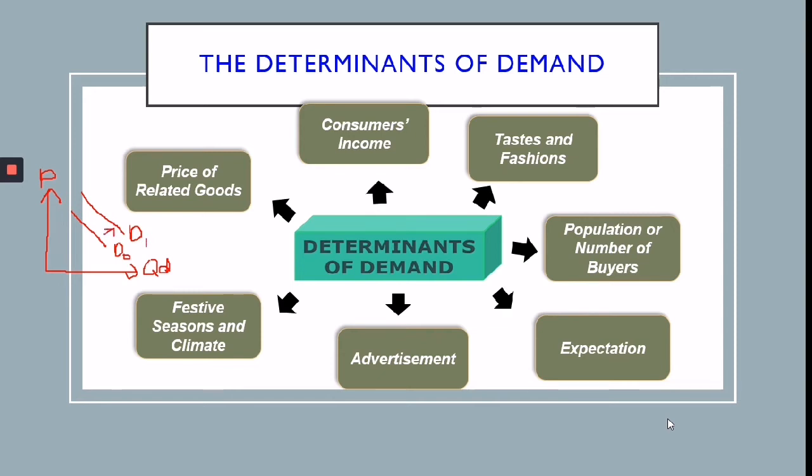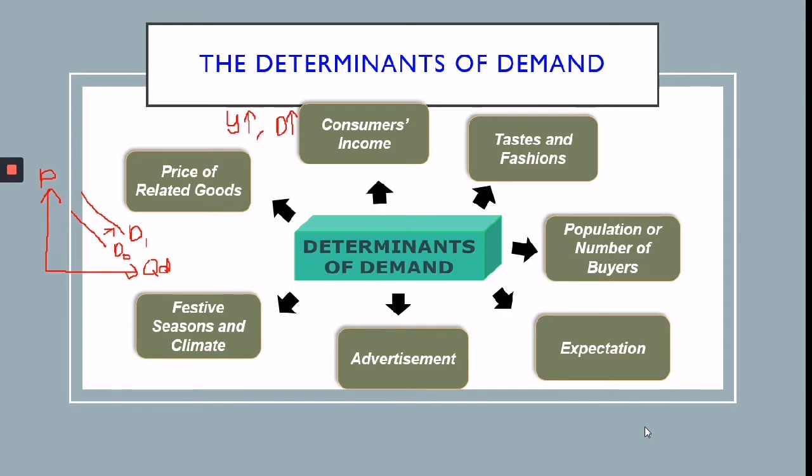It shifted rightward. The second determinant of demand is consumer income. Consumer's income is the most influencing factor to demand. Income can be represented by Y. For example, if your income increases, Y increases, therefore the demand for all products will also increase.